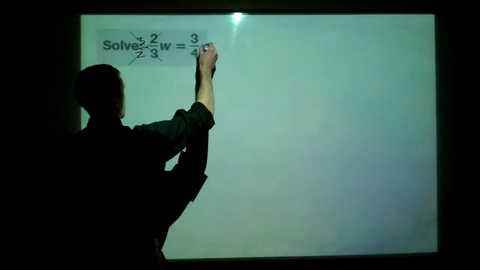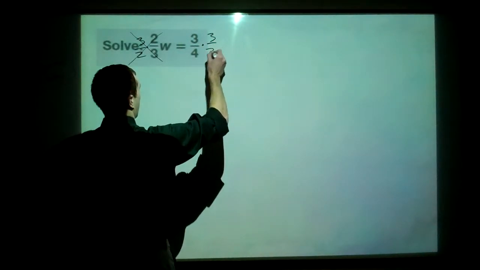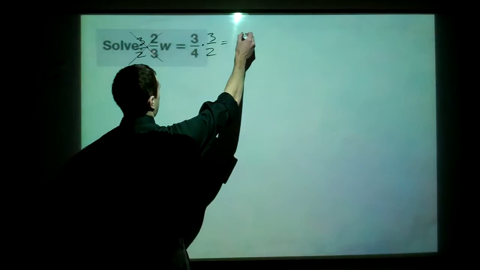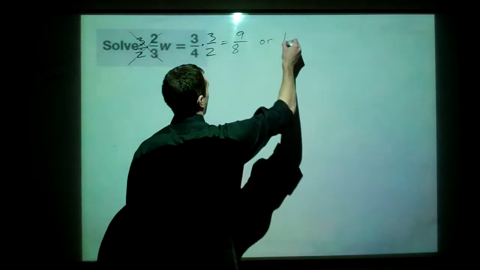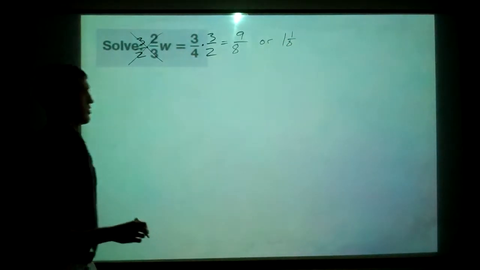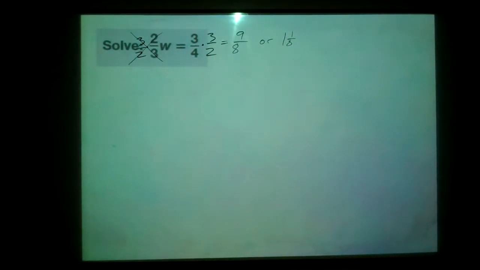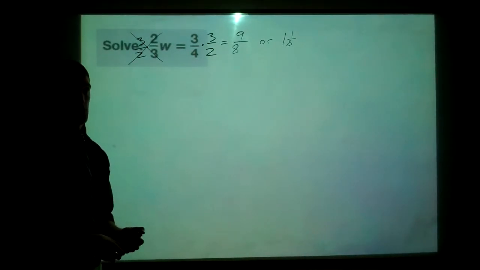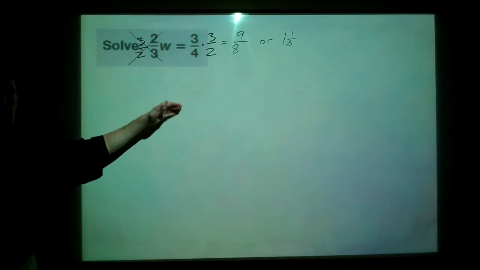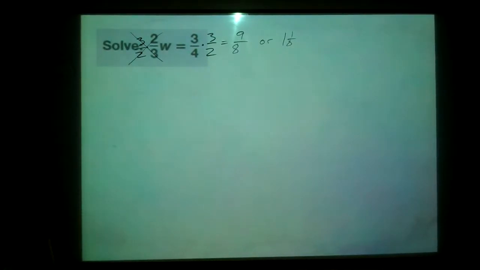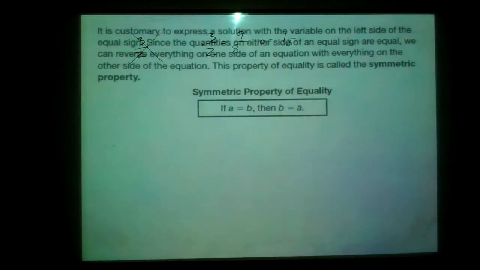And if we multiply right away by 3 over 2, we still get that 9 over 8 or 1 1/8. So it's faster, and technically you're still doing the same thing, but it's a shorter way of doing it. Multiplying by the reciprocal is the same thing as dividing by the original fraction. So it still works out. And I like to do that, it saves time.